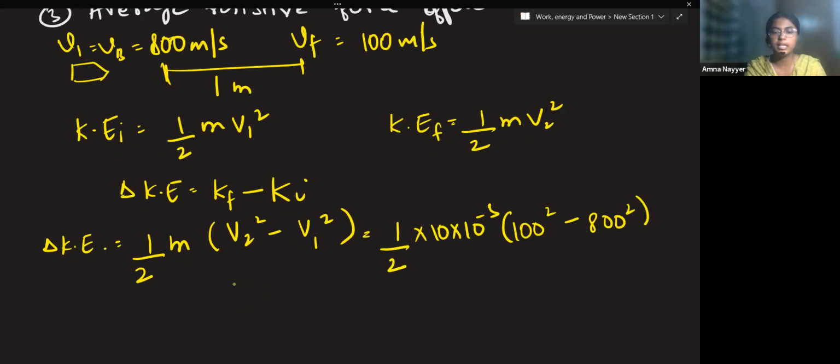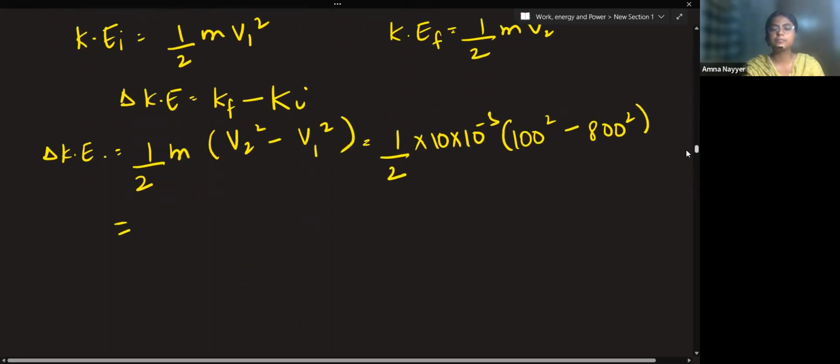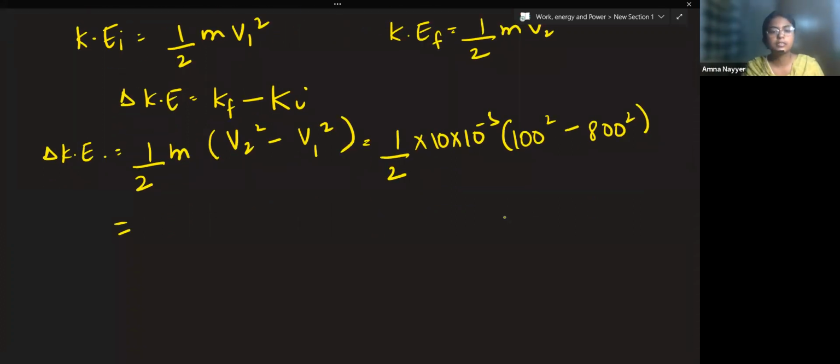If you put it in here, you get 10 to the power minus 2 or 1 by 200, times 10,000 minus 640,000.